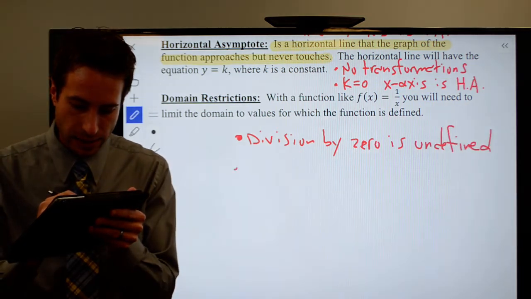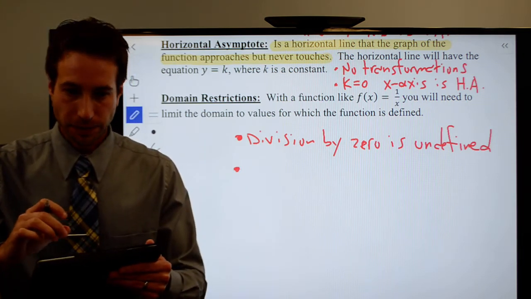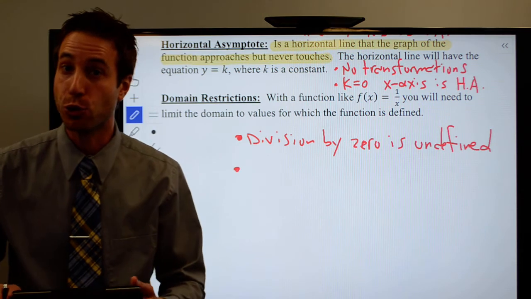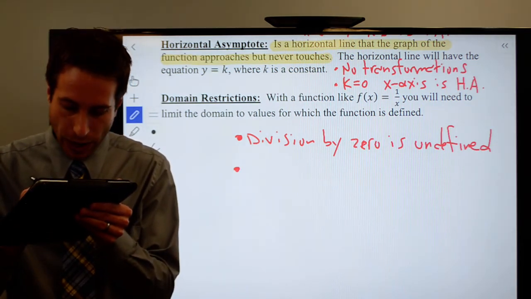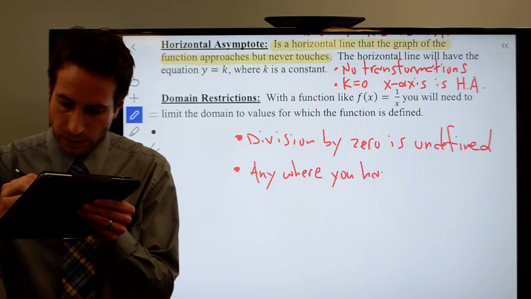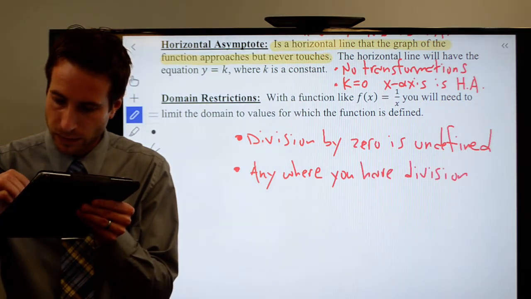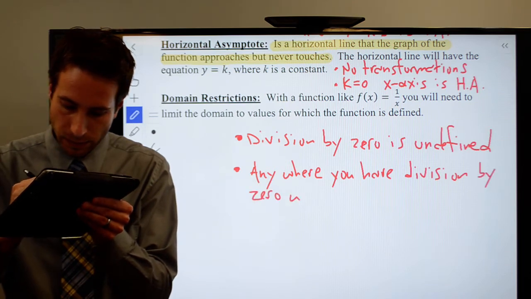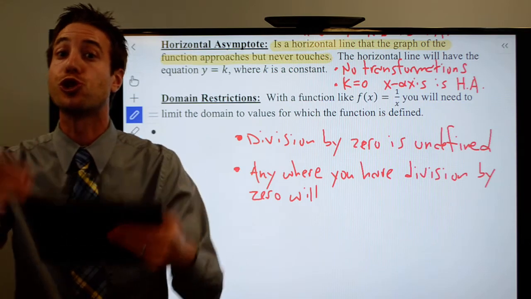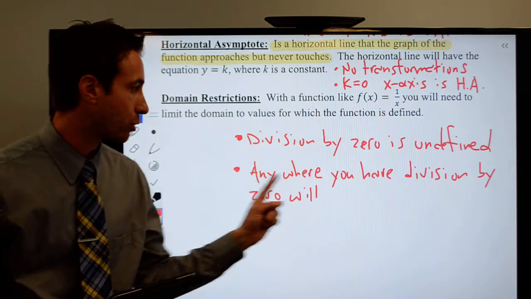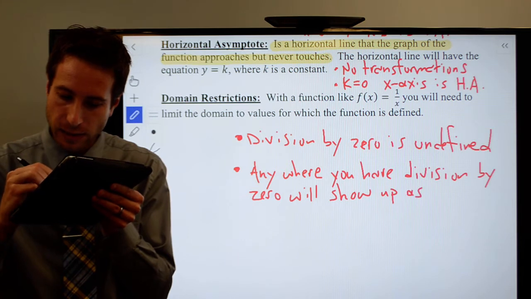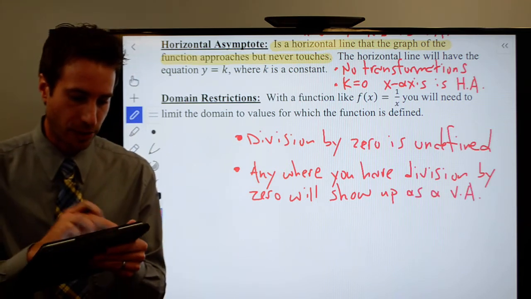So what that means is anywhere you have division by 0, anytime a value of a variable gives you division by 0, it will show up on the graph as a vertical asymptote when you graph that rational function. Let me show you real quick.